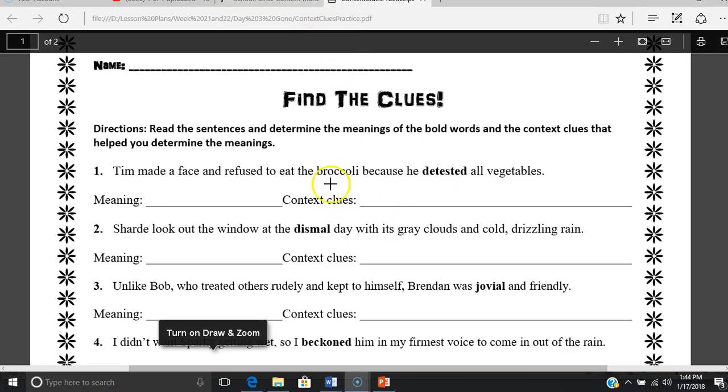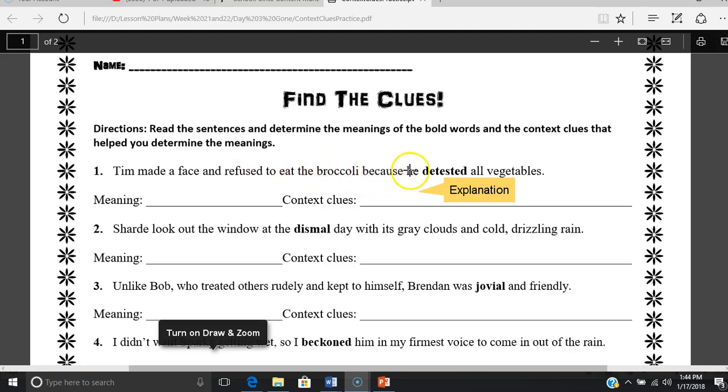Let me get my little speech bubble here. This would be an explanation context clue. Explanation. There we go. Explanation context clue, because it tells me that he made a face.